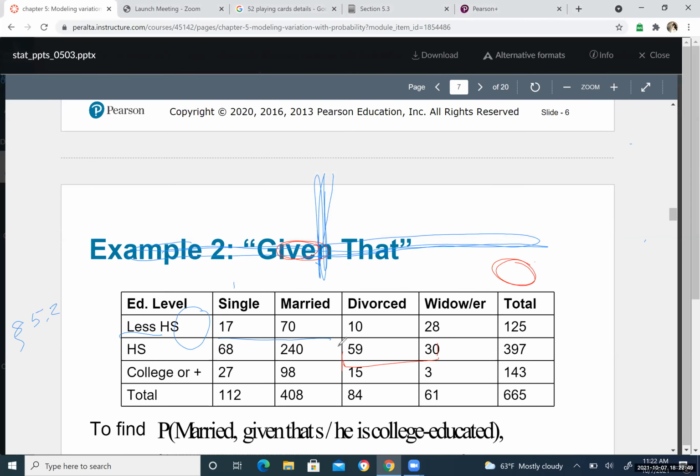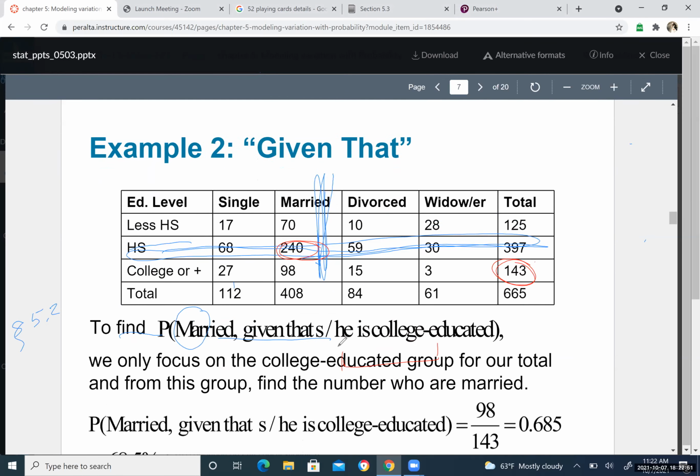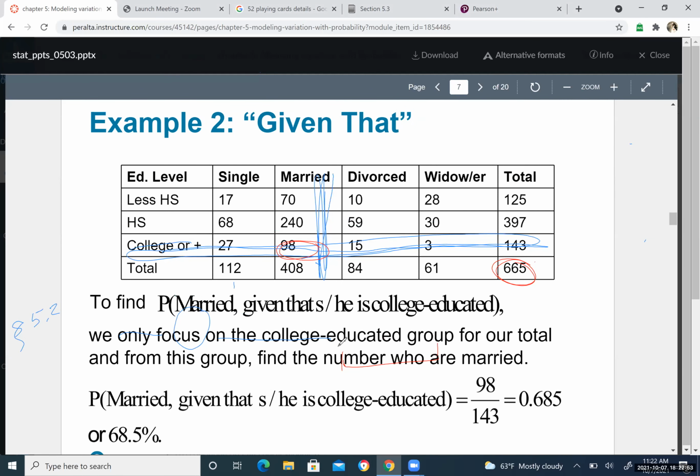So now we'll go to the second example, the word "given that." Okay, same table, but this time it is the word "given that," and you already understand the word "given that," right?